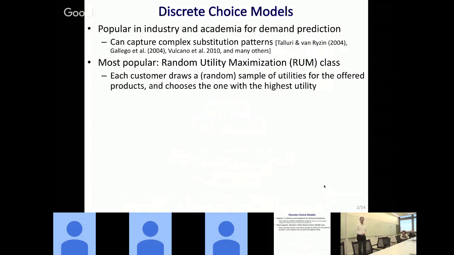It really makes a very simple assumption. It says that when a customer walks in and sees different choices, he or she draws a random sample of the utilities of the different products from whatever distribution you like. And then once he or she observes those sample utilities, he or she picks the item with the highest utility.